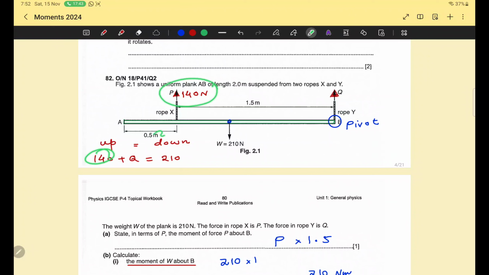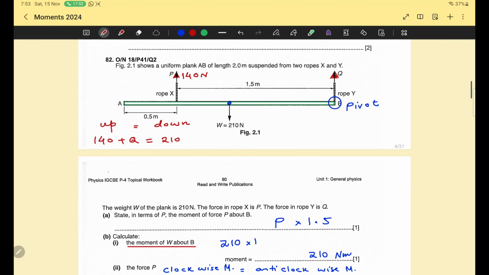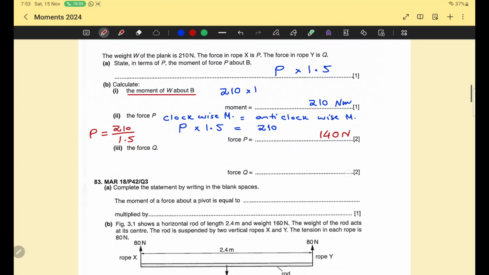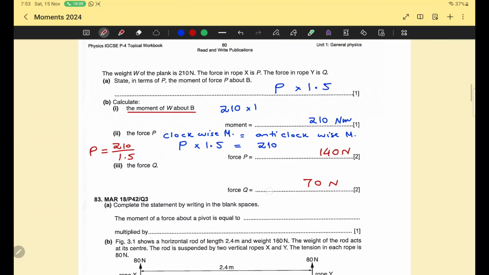So 140 plus Q acting upward, 210 acting downward. To calculate Q, Q will be 210 minus 140. So the answer will be 70 Newton.